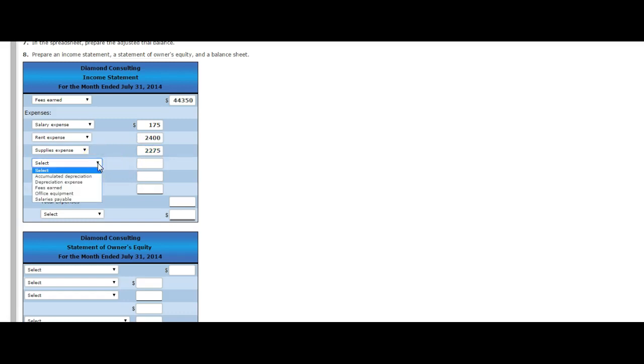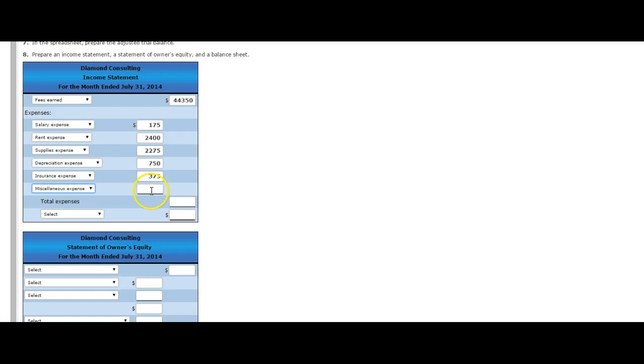The next one, depreciation, obviously, is an expense, and I think that was for $750. Let's look at this again. I need insurance expense of $375 and one more expense, and there's only one left, right?